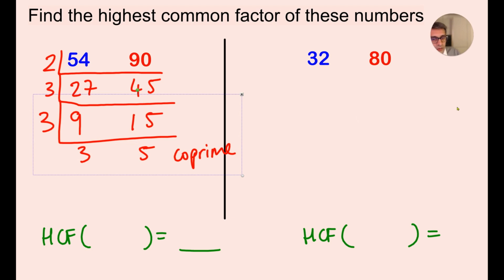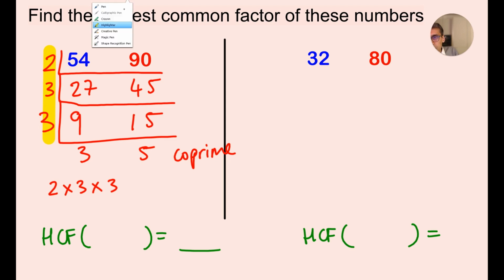So the highest common factor here is 2 times 3 times 3. You are meant to multiply the numbers down the side. So 2 times 3 is 6, 6 times 3 is 18. So the HCF of 54 and 90 is 18.